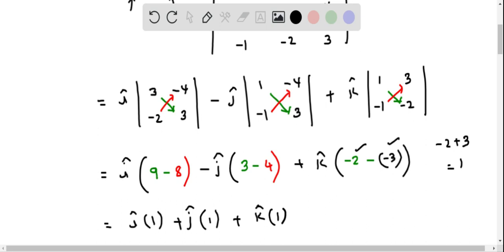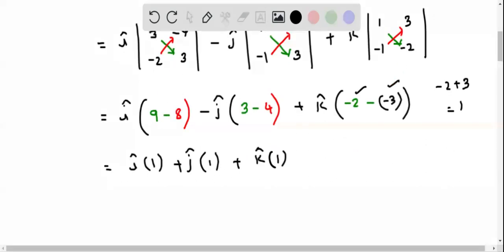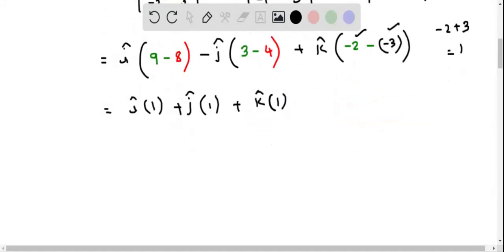So it is k times 1. And so we can write down the components in vector component form, that is in bracket form. The first component is 1, the second component is 1, and the third component is also 1. And so this is the vector perpendicular to both m and n vector.